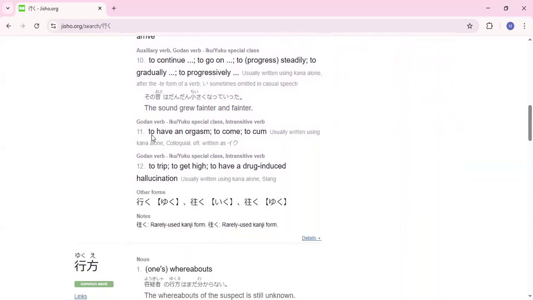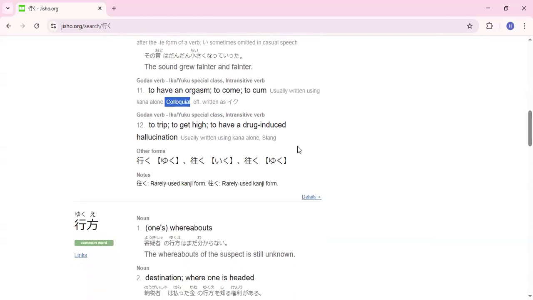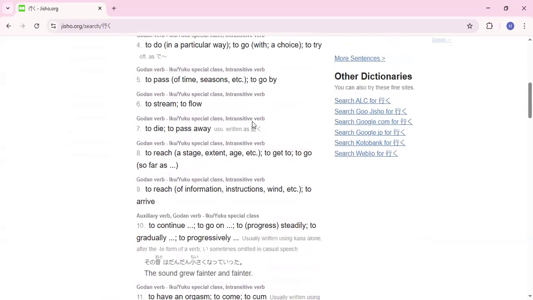Yes, this meaning is also colloquial. So this is what I like, colloquial words that are daily, like slang sometimes, when you speak, right?